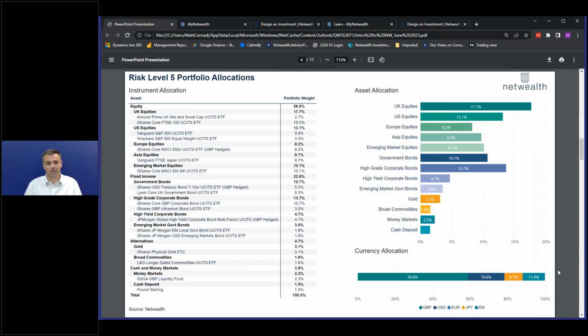This gives a sense of the breakdown of a given portfolio. So this is again our risk level 5 portfolio allocations. And on the left-hand side, we can see the breakdown of some of the asset classes that we invest in and the instruments that we favor at a given point of time.